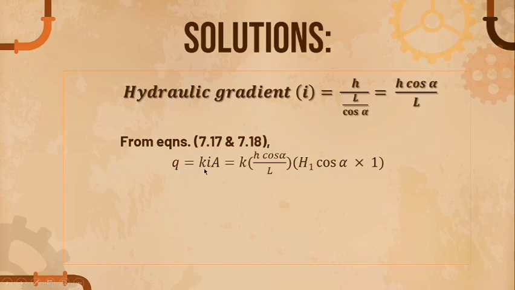So that's Q equals k, that is the hydraulic conductivity, times i, that is the hydraulic gradient, times A, that is the cross-sectional area. Since we have the values for k, just substitute the equation of i from here, that is i equals h cosine alpha over L, times the area, that is h sub 1 cosine alpha times 1.